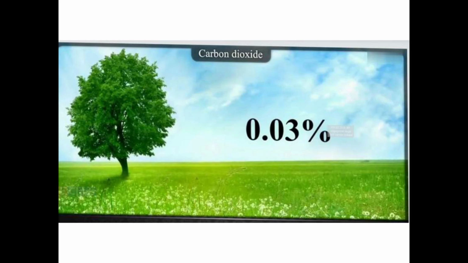Carbon dioxide occurs in nature in a free state and its extent is around 0.03 percent. The exhaled air contains 4% carbon dioxide and it is present in the salt of chalk. Chalk मालूम है जो टीचर यूज करती है.